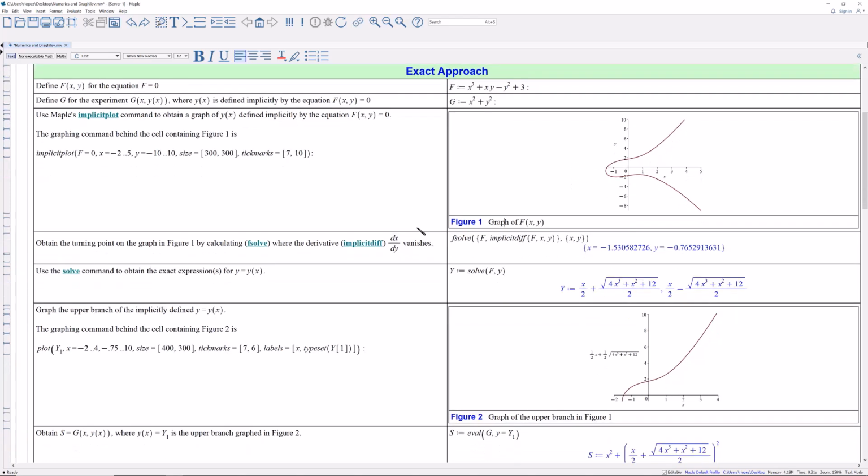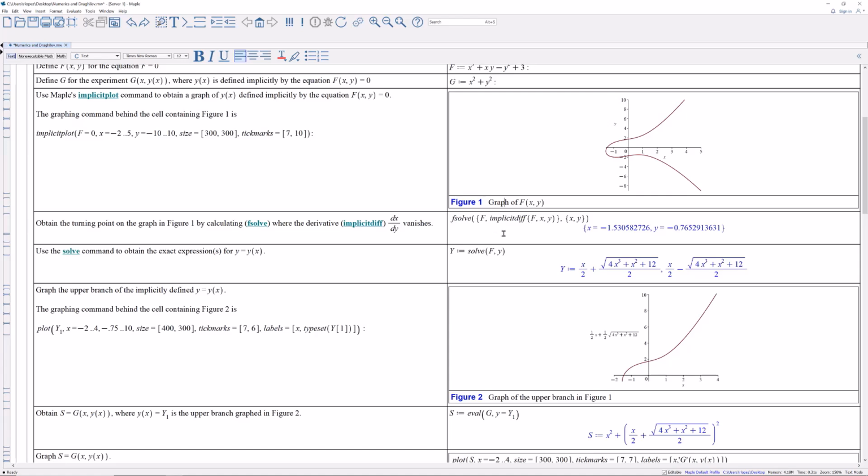So I needed to compute the derivative dx/dy and wanted to know where the derivative vanishes. The derivative dy/dx would go vertical here. The derivative becomes infinite. So you go dx/dy, and where it goes to 0, you've got the turning point.